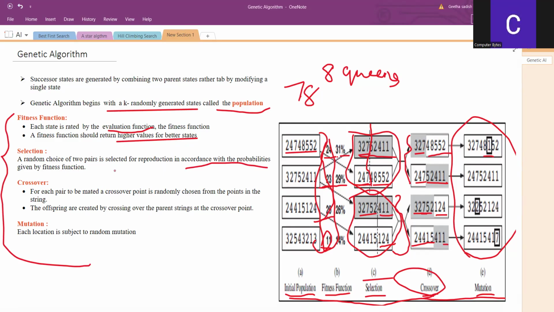For the crossover stage, you select a crossover point and mate them, and after crossover it produces the offspring. And mutation is a random change in any location, which forms a change in the states. These are all the different stages in genetic algorithm. That's all about today's video.